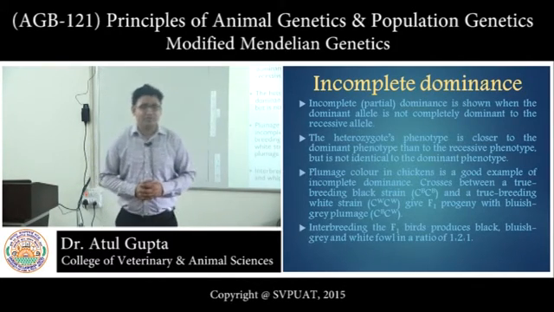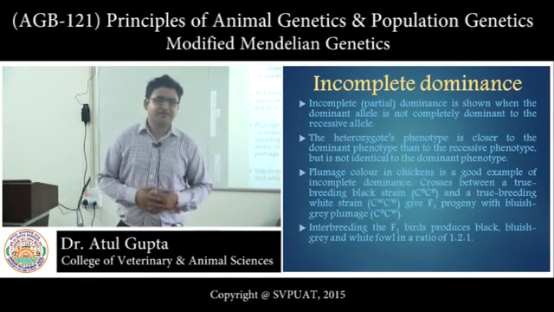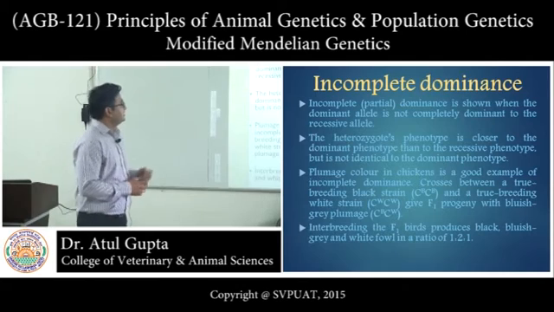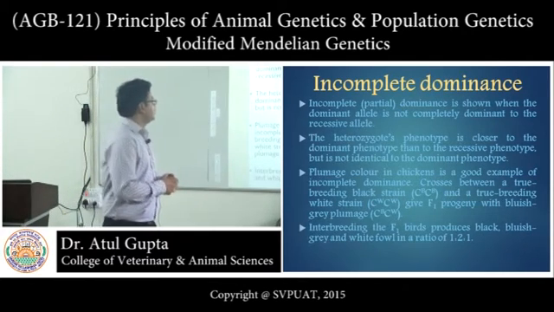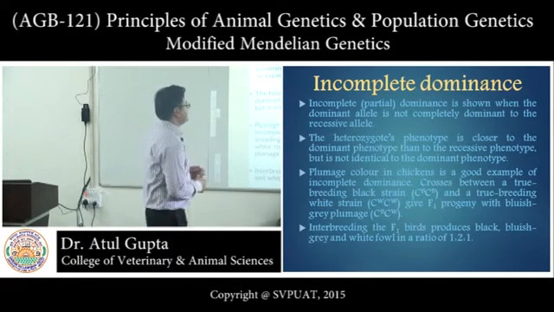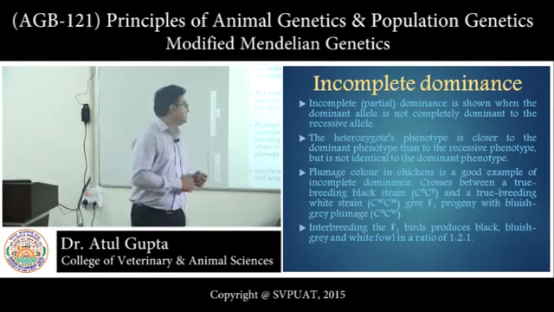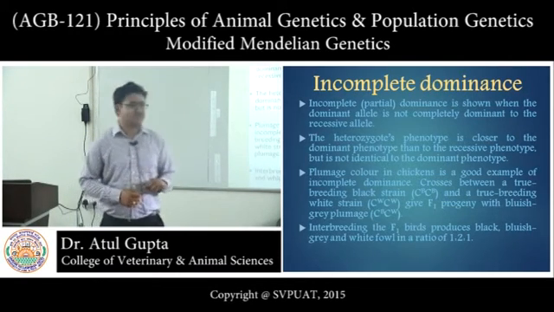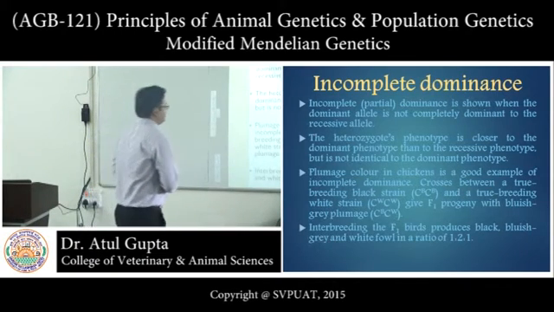What is incomplete dominance? As its name suggests, the dominance is not complete. Incomplete dominance or partial dominance is shown when the dominant allele is not completely dominant to the recessive allele. The heterozygote phenotype is closer to the dominant phenotype than to the recessive phenotype, but is not identical to the dominant phenotype.